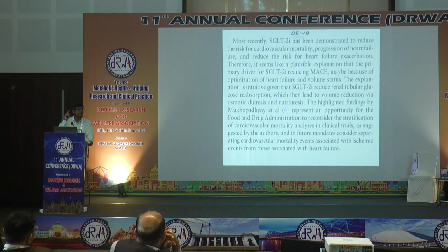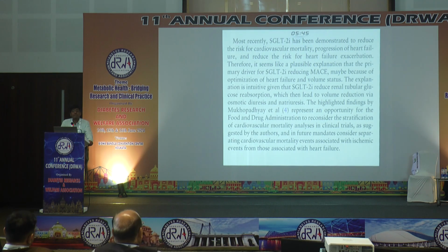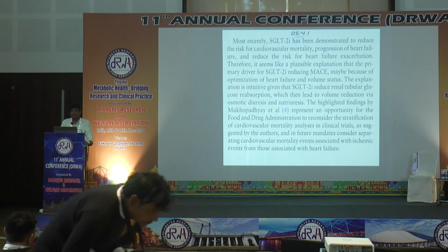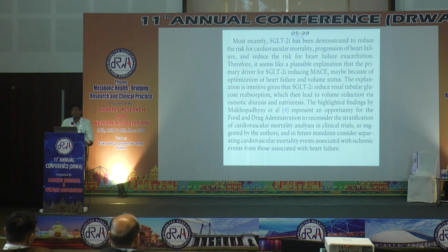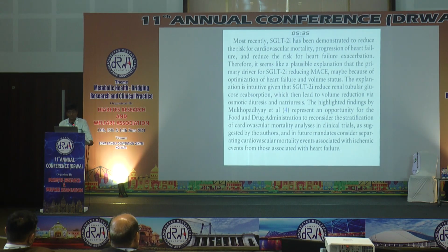I showed you Inzucchi's paper on alteration of hematocrit. The explanation is intuitive: SGLT2 inhibitors reduce renal glomerular reabsorption, which then leads to volume reduction via osmotic diuresis and natriuresis. The highlighted findings by our study represent an opportunity for the FDA to reconsider the stratification of cardiovascular mortality analyses in clinical trials, as suggested by the authors.